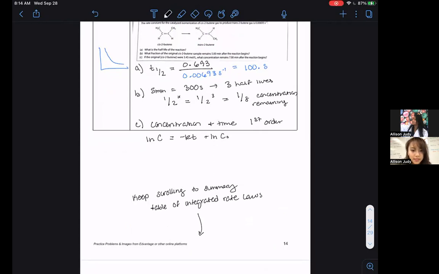So ln C is equal to negative 0.00693 seconds to the inverse times my time.